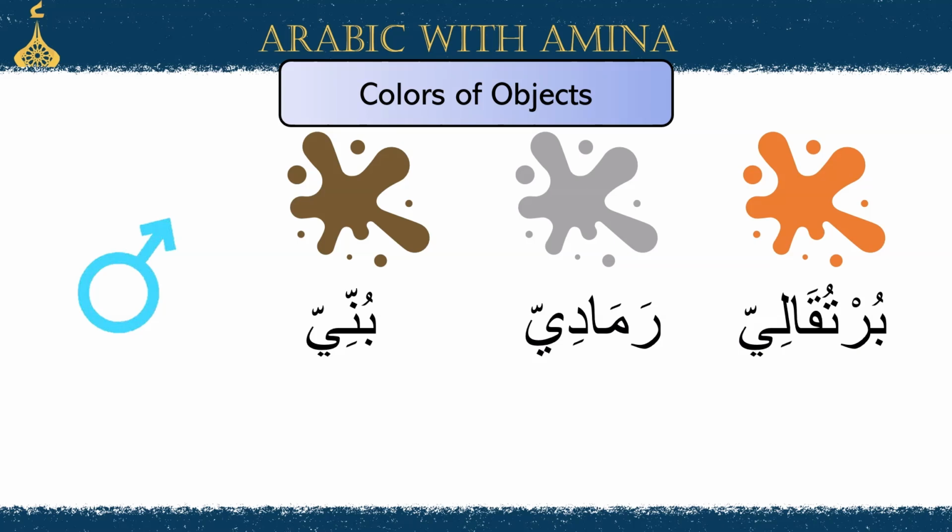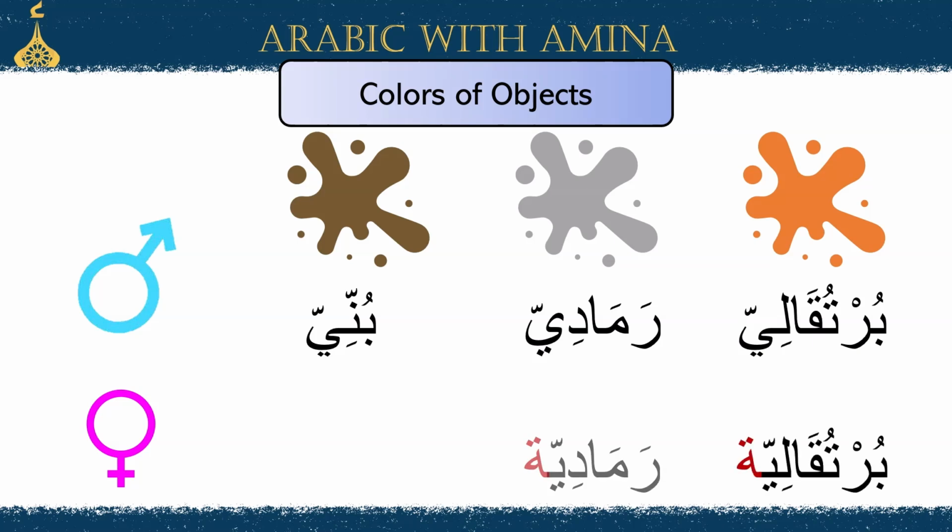To make them feminine, we just add a ta marbuta at the end. So, برتقالية, رمادية, بنية. This allows the adjective to match the noun it describes, which is an essential part of Arabic grammar.